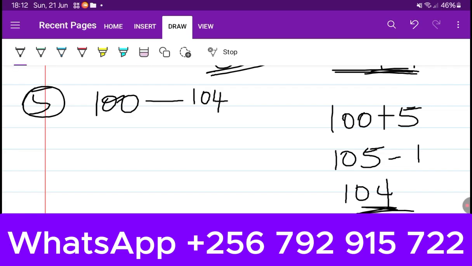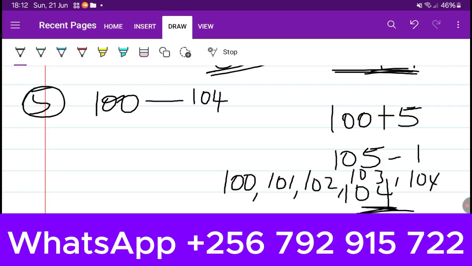When you are dealing with inclusive classes, we always use what we call discrete data. We count. For discrete data, we don't measure, we count. So we count from 100 to 104, with 100 inclusive. 101, 102, 103, then 104.